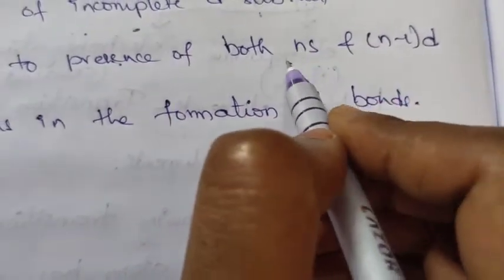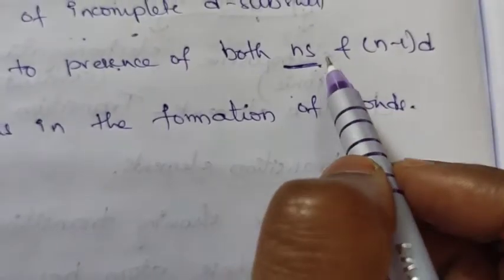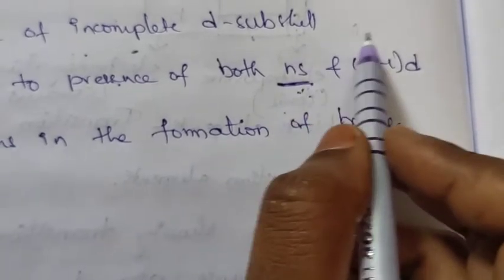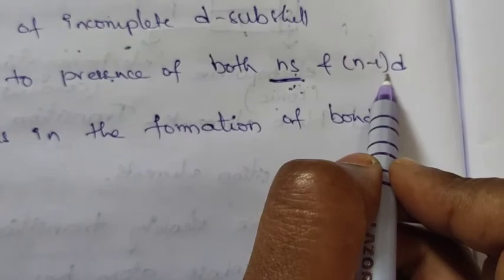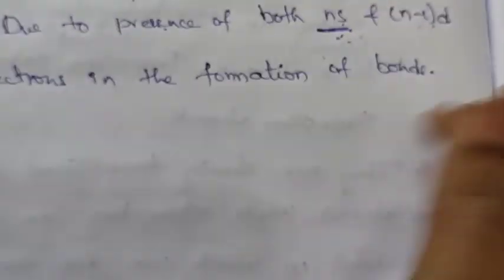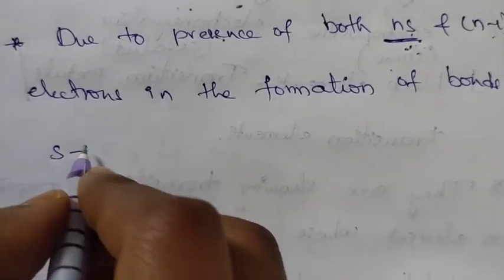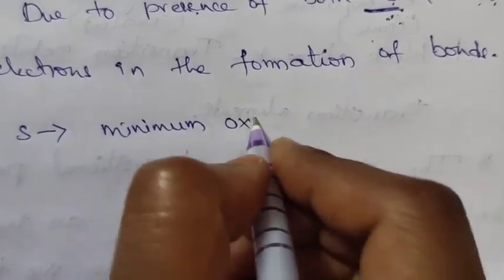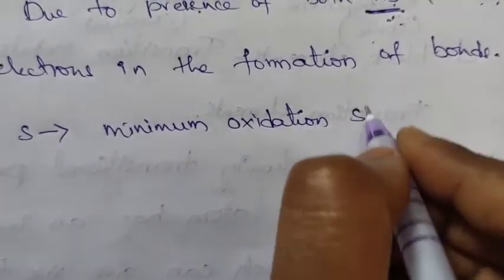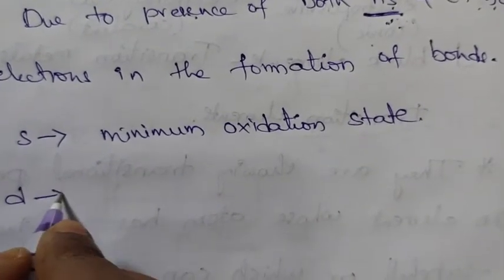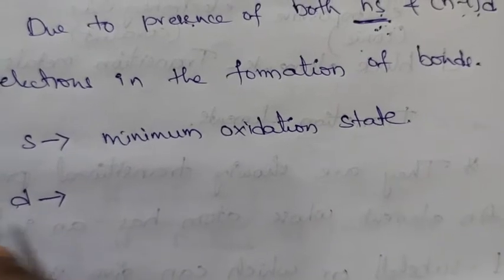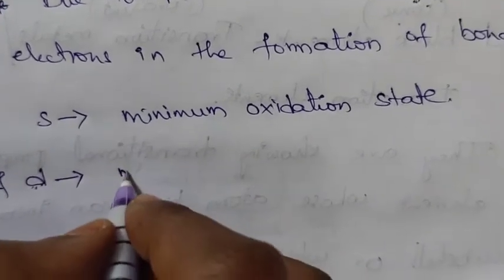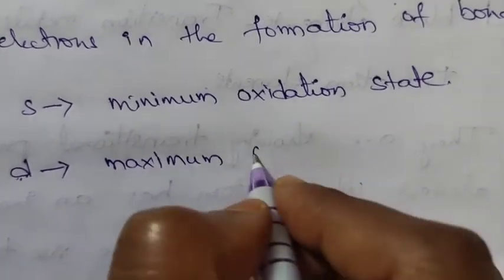Simply, s electrons show the minimum oxidation state, and the sum of s and d electrons shows the maximum oxidation state.